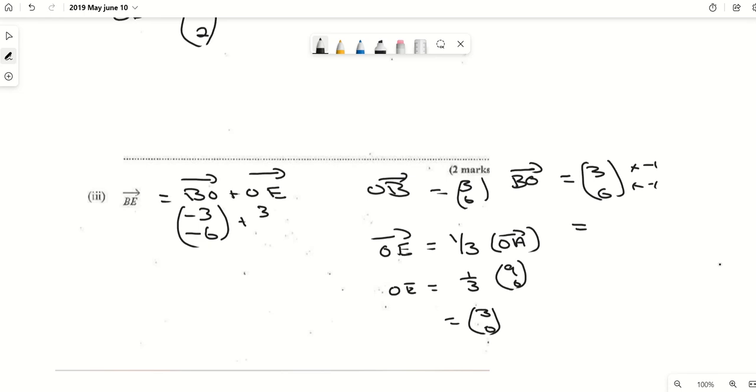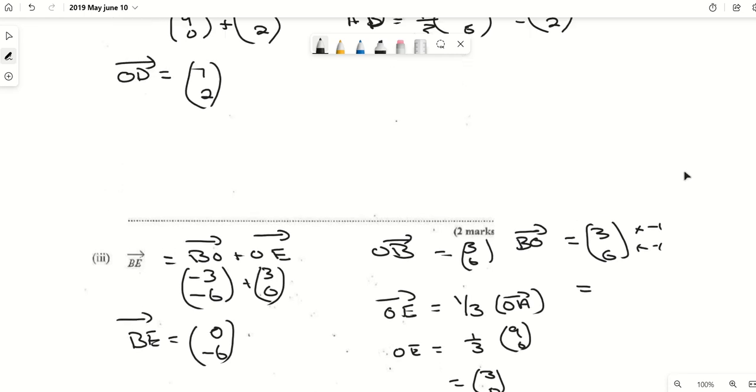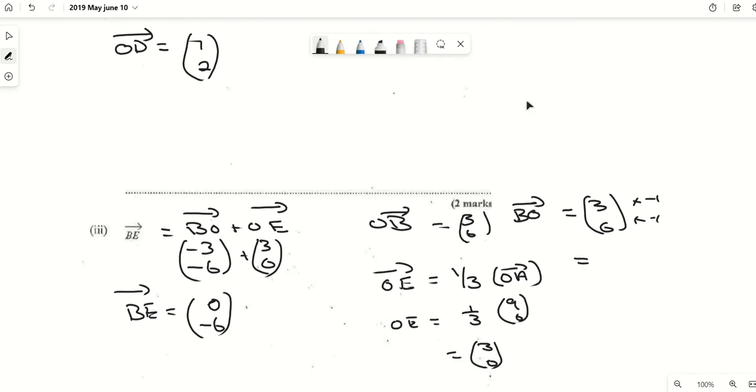So you're going to plus (3, 0). So BE would be -3 plus 3 is 0, and -6 plus 0 is -6. So therefore, BE is equal to (0, -6). And that would be your answer for the last part in June 2019, number 10.